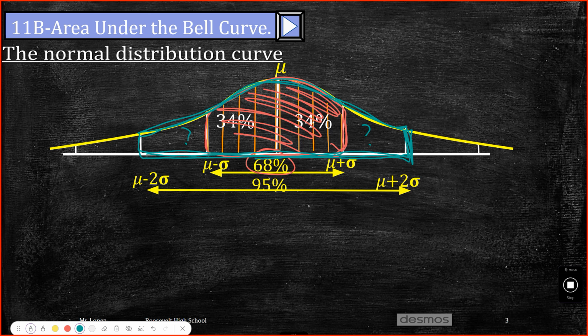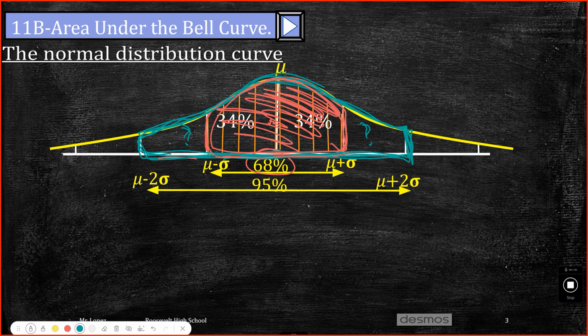One more time. If this, in red, is 68, and this, in whatever this color is, is 95, then how much is this and this?